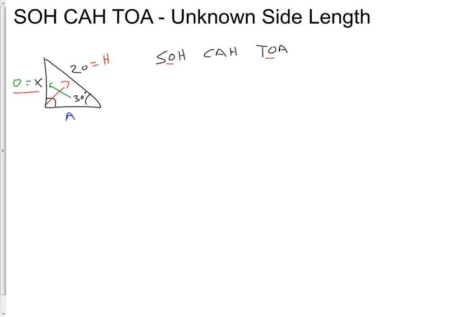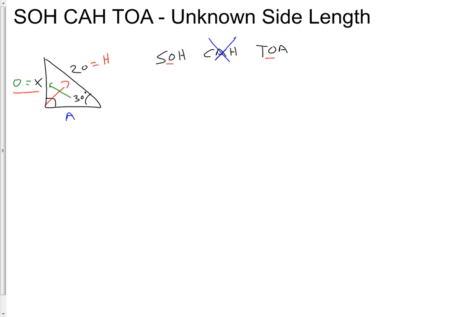Right now, I know that I can either use the sine ratio or the tangent ratio, because both of them will help me to find the opposite. I cannot use the cos ratio because it doesn't have anything to do with the opposite. The next thing I want to identify is what other information I have.